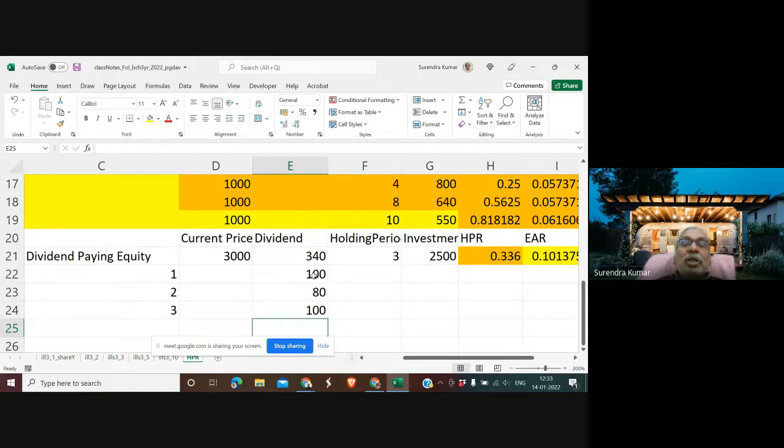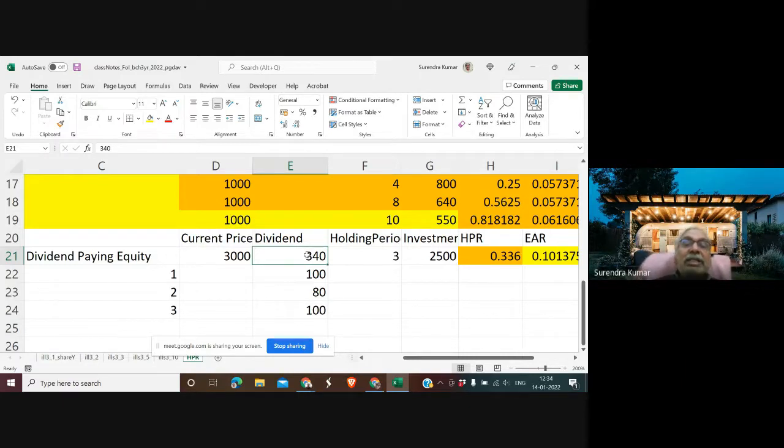Supposing you got 100 rupees back at the end of first year, that would further earn some return in the next 2 years. And the dividend that you get in second year would also earn some return for the next 1 year. It is only the third year dividend, because you are expectedly getting it at the end of the year, that may not get any additional return. So to simplify this calculation, we are saying dividend is 340. So this 340 is the current price equivalent of the dividends that you received over the 3 years.